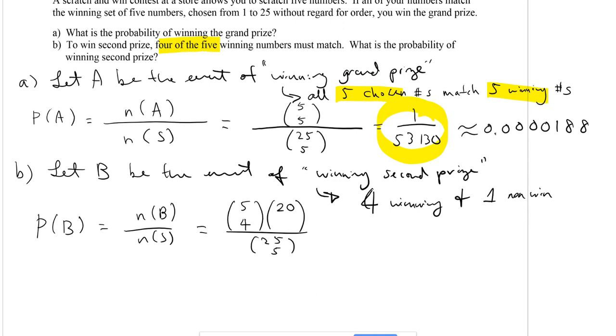And of the 20 losing numbers, I should have 1 of them. So I am going to use my calculator, and that gives me 100 over 53130, which is a little higher than the other answer, but still almost close to 0. So you can pretty much present both answers, the fractional and the decimal.